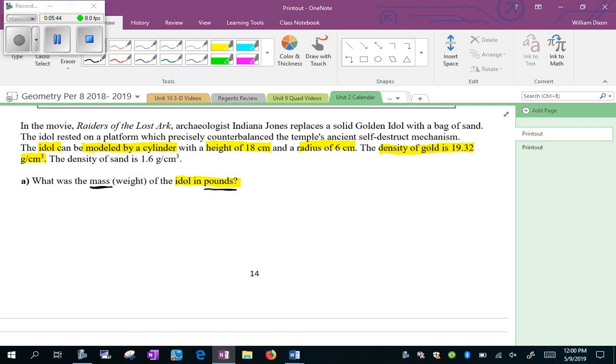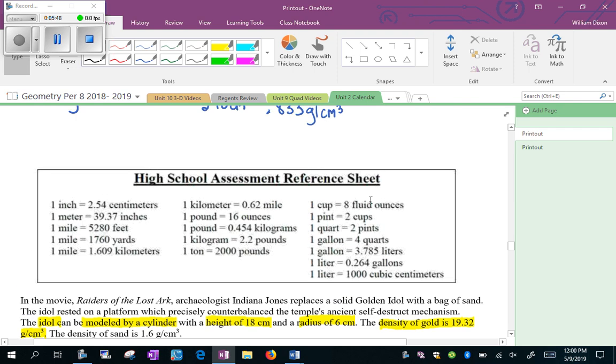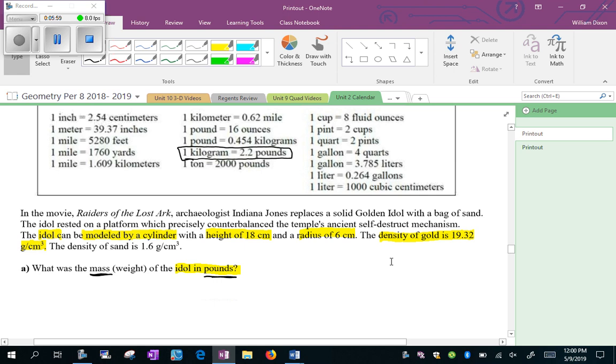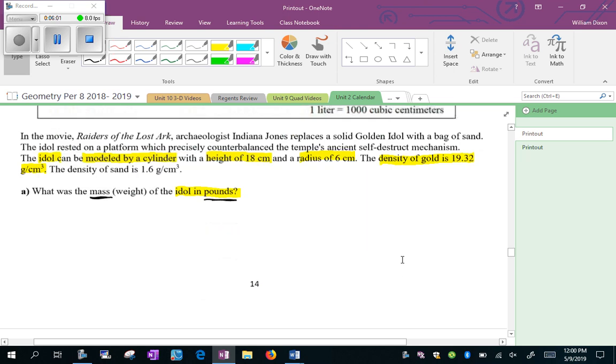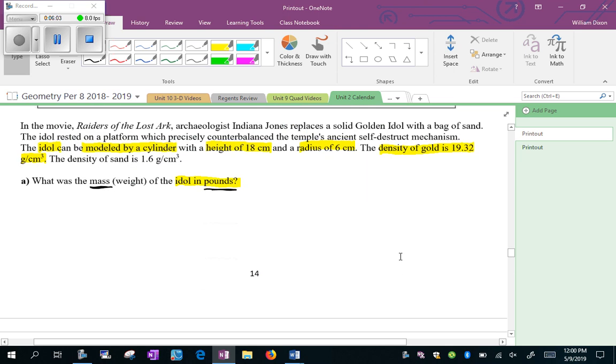So we're going to have to get those grams somehow to kilograms, and then I can use my kilograms to pounds, because that's my conversion. 1 kilogram is 2.2 pounds. But even before that, let's talk about the density. Density equals my formula, mass divided by volume.